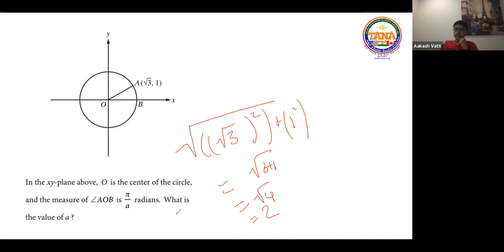And you know that sine of angle AOB is equal to 1/2, because you have 2 here and you have your 1 here.